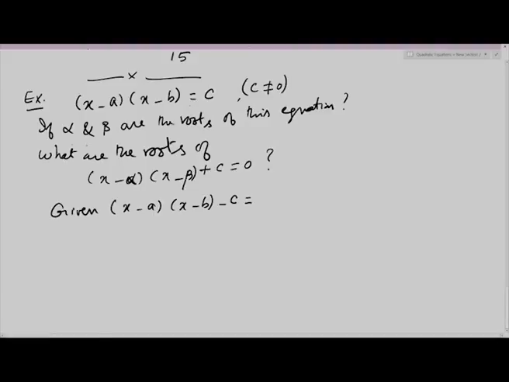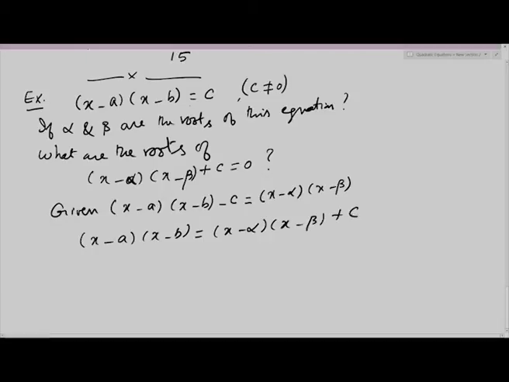Therefore, since alpha and beta are the roots, I can factorize like this: (x − alpha)(x − beta). Now, again if I rewrite this (x − a)(x − b), if I take the c to the right side, (x − alpha)(x − beta) + c.